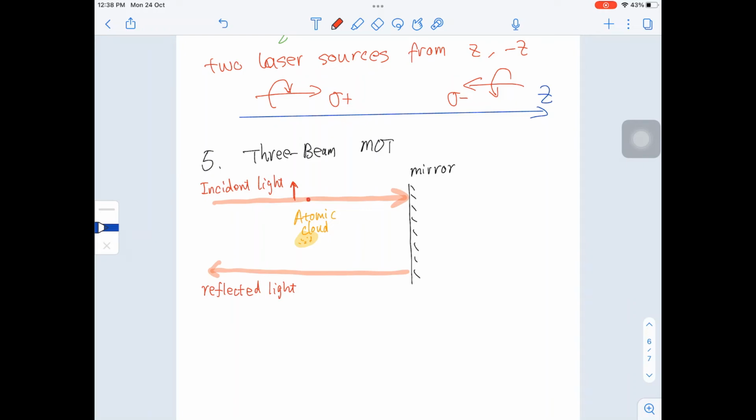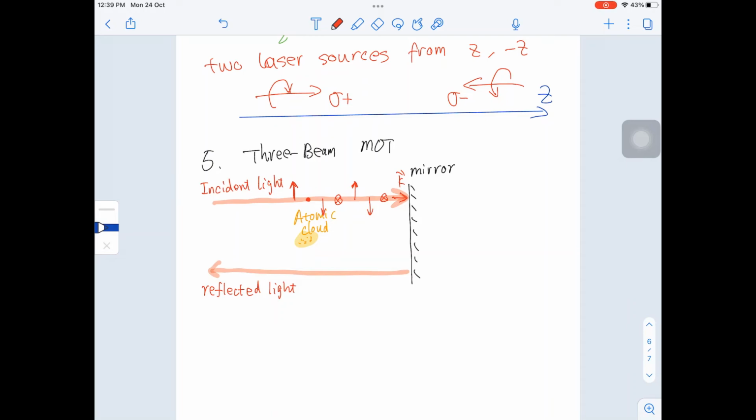These arrows, dots, and crosses refer to the light vector that is rotating along the k-axis. This is k.